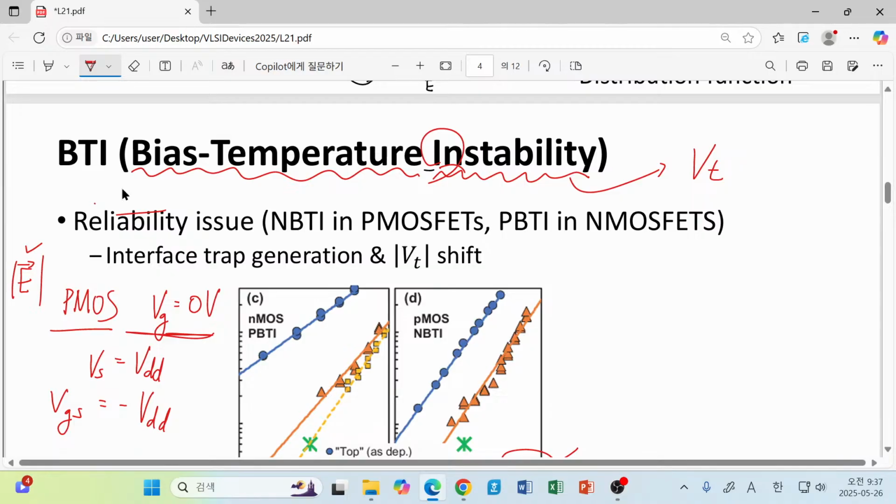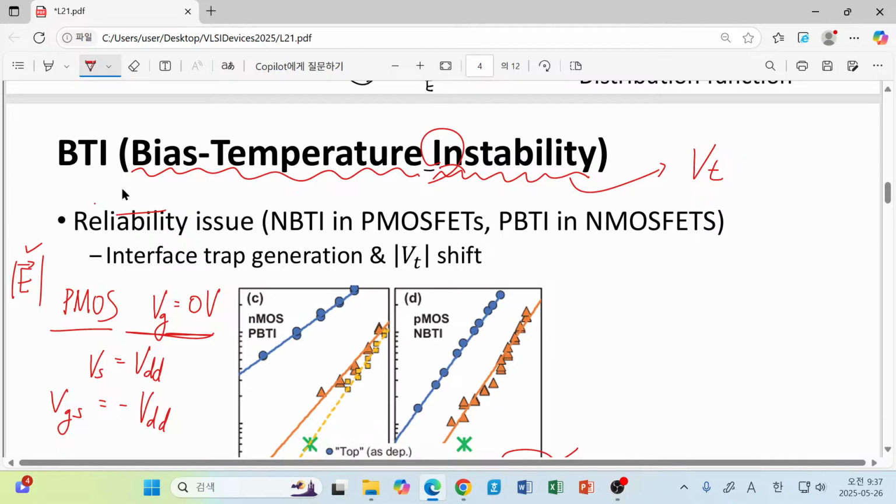Then what you can expect is that inside your CPU chip, your devices were tortured during 10 operation years. They were subjected to high electric field and elevated temperature. Then do you expect the same performance from the fresh chip and the 10 years old chip?